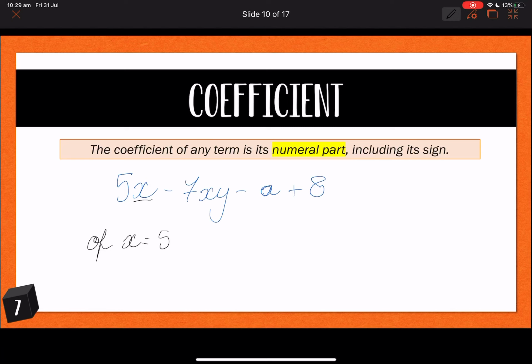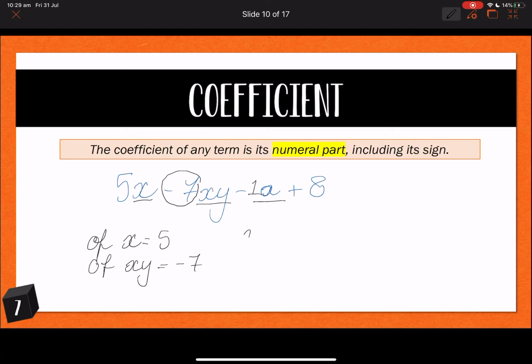equals 5. If I'd said to you, what is the coefficient of xy? The coefficient of xy is -7. Remember, we take what's in front. Now, the coefficient of a, you might notice that there's not actually a number in front of it, and that means that there's actually just an invisible 1.